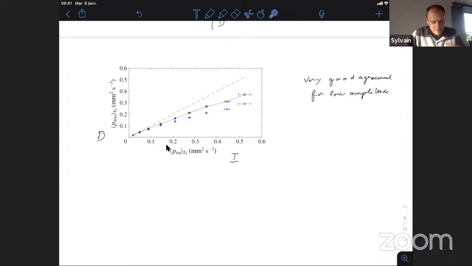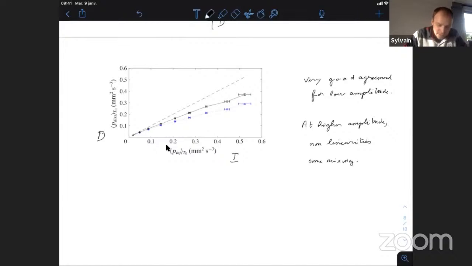Not everything that is missing here is mixing, but part of it is due to mixing. So at higher amplitude, we have non-linearities and some mixing.